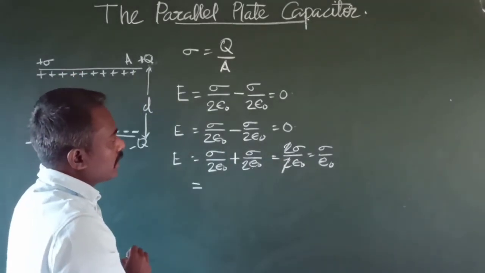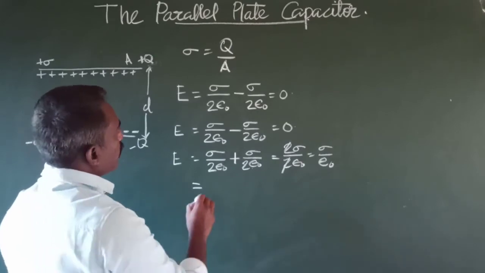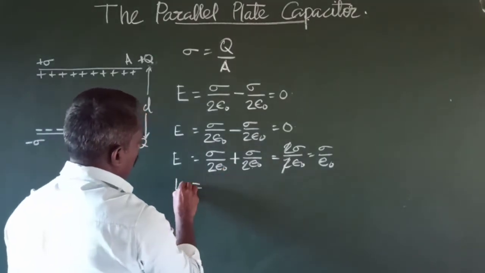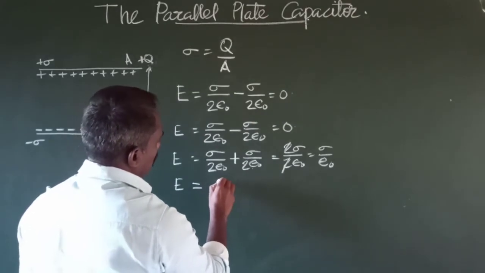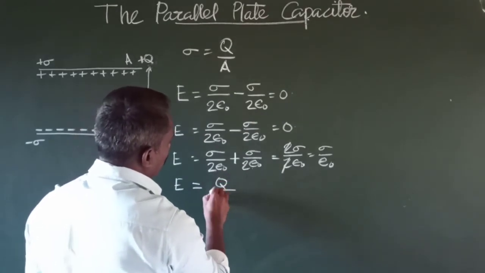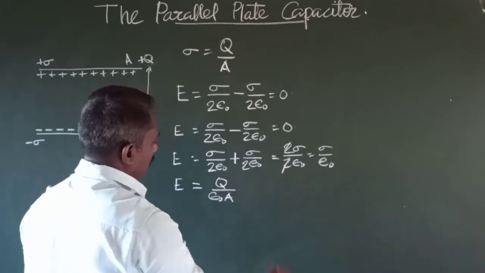From this we get E is equal to Q divided by epsilon 0 into A.